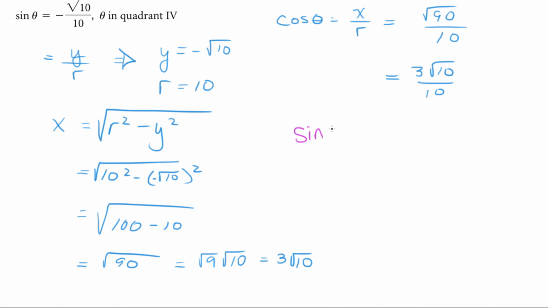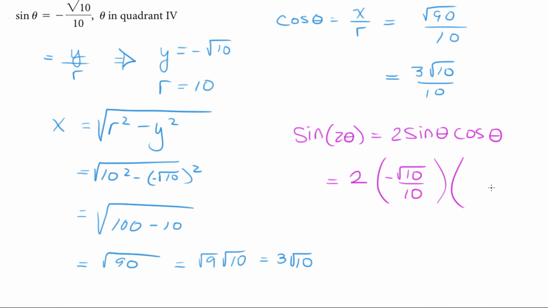So sine of 2 theta, again, is 2 times sine of theta cosine of theta. This is 2 times sine. Sine is negative radical 10 over 10. And cosine is 3 radical 10 over 10. We make this into a fraction. 2 times negative times 3 is negative 6.